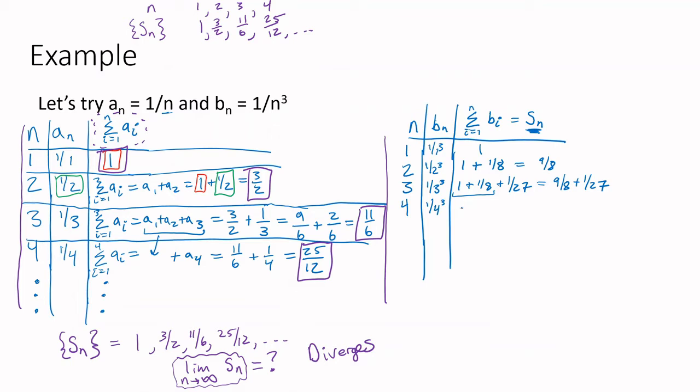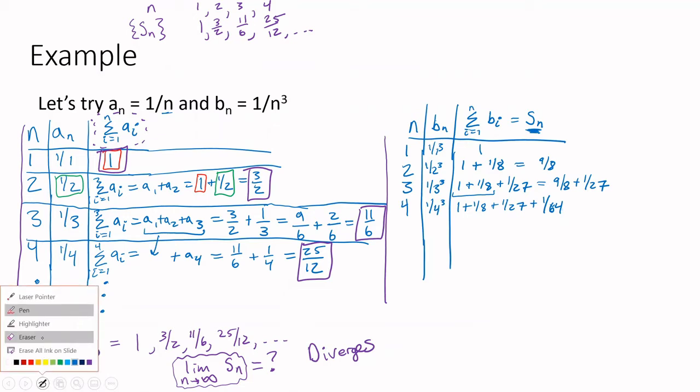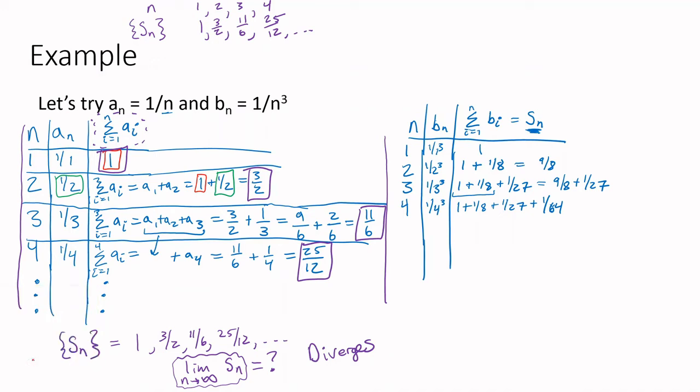So this would be 1 plus 1 over 8 plus 1 over 27 plus 1 over 64. Okay, and then I would just keep going. And remember, I'm getting a new sequence out of each of these. Each time I go through now, I get a new piece of my sequence.